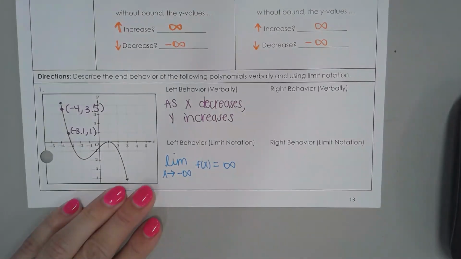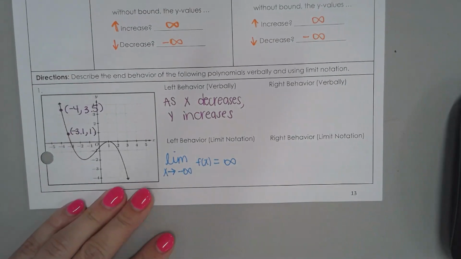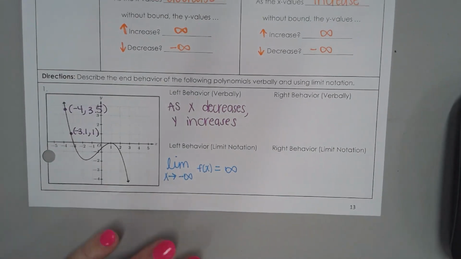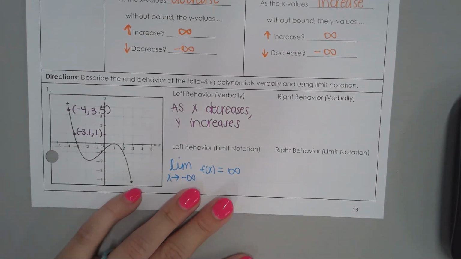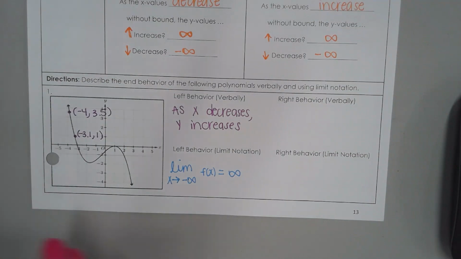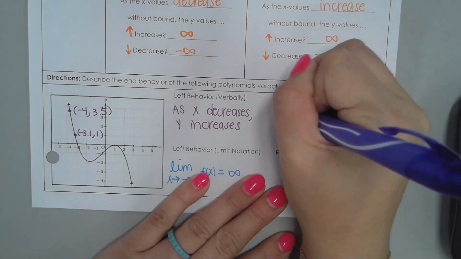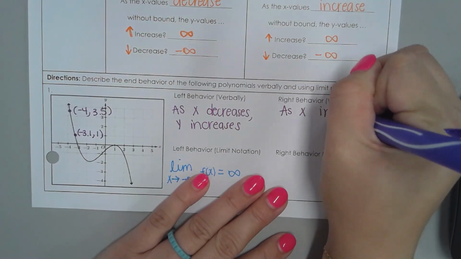So the limit as x approaches negative infinity, all that means is what's happening as my x's go farther and farther and farther to the left, what's happening to my y's? They're getting bigger and bigger and bigger. So infinity.